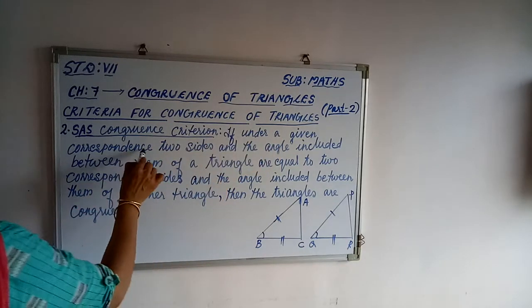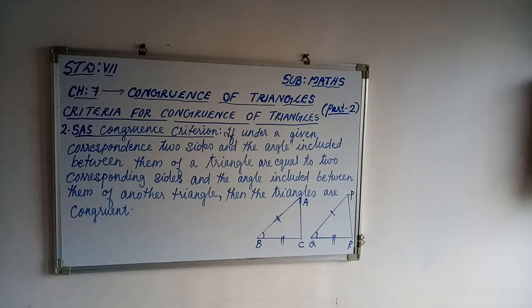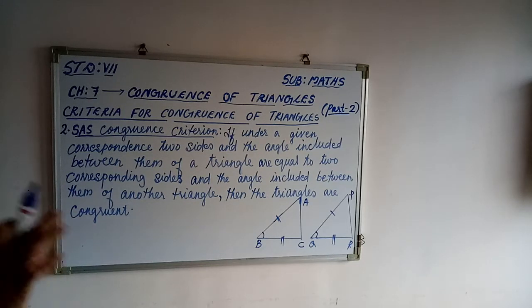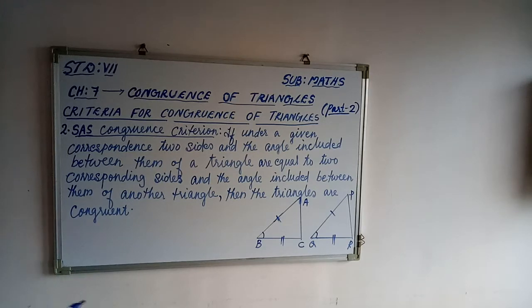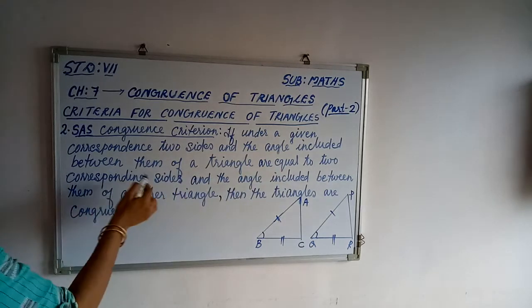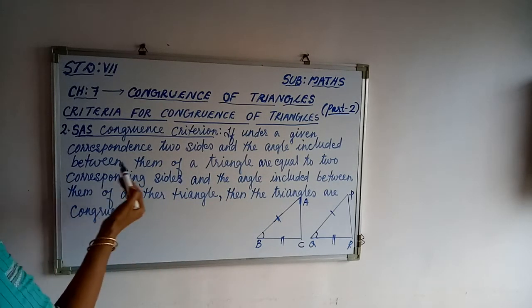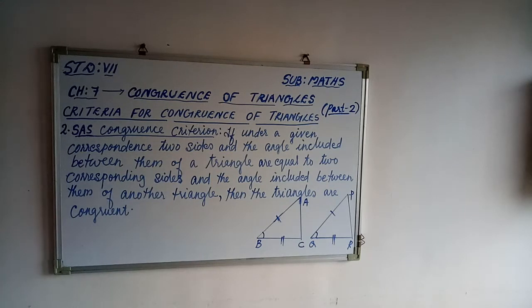If under a given correspondence, two sides and the angle included between them, that means two sides of a triangle and the angle which is coming between the two sides, the included angle, are equal to two corresponding sides and the included angle between them of another triangle, then the two triangles are congruent.